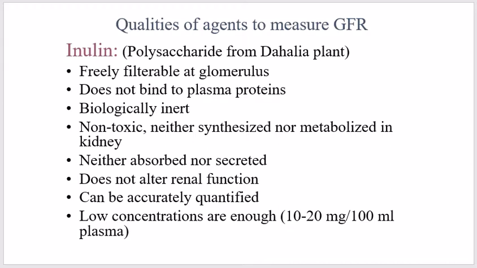Third, it is biologically inert, non-reactive, so non-toxic, neither synthesized nor metabolized in the kidney, neither absorbed nor secreted, does not alter renal functions, and can be accurately quantified. Low concentrations are enough for the purpose of measurement of GFR.